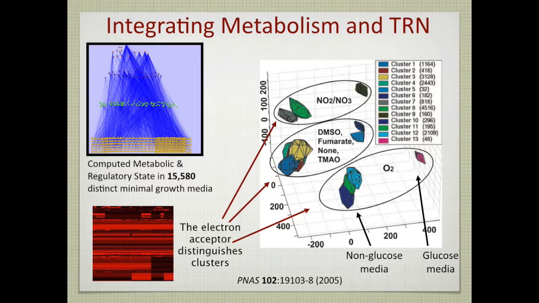And not surprisingly, it turns out that the biggest variation in that state is determined by what electron acceptor is available. The second biggest variation in the state is the carbon source, mostly glucose and non-glucose sources. And the third most prominent dimension was the nitrogen source, which is interesting because the availability of those three nutrients has a dominant effect on what the metabolic state is.